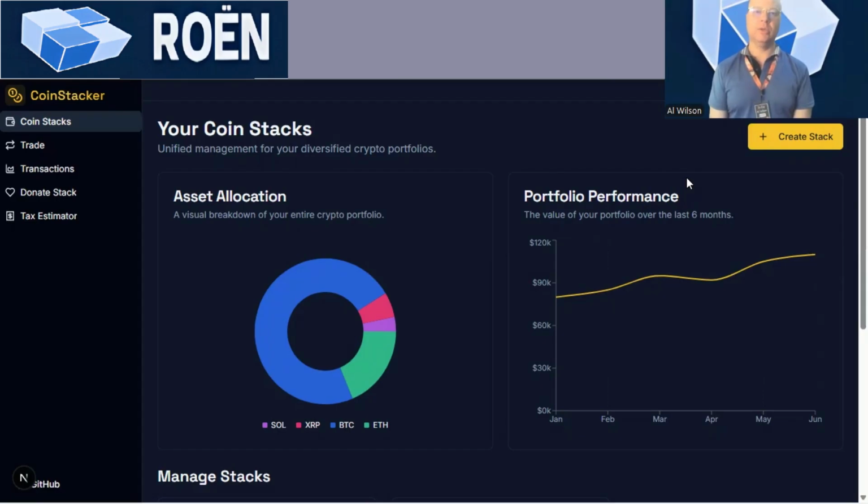You can stack, you can restack, and of course, unstack. You can also donate your stack, in which case there will be cost savings with tax credits potentially for your portfolio.